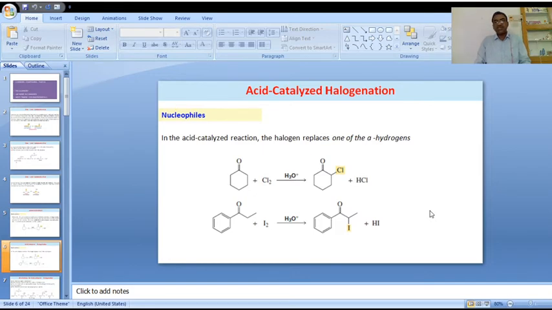In this acid catalyzed reaction, generally only one hydrogen is replaced. Here the same cyclohexanone on reaction with chlorine in presence of hydronium ion will give the alpha substituted product. Here also please observe.